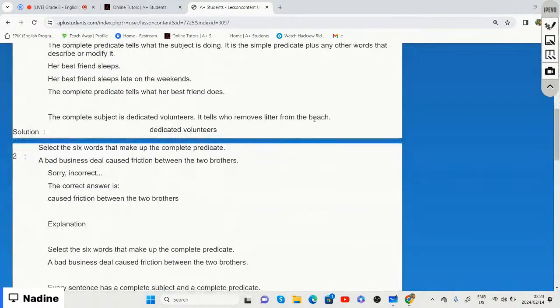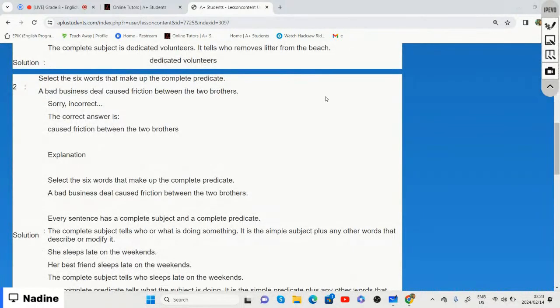If we look at another activity sentence question, it says we need to select six words that make up a complete predicate. A bad business deal caused friction between the two brothers. So, a bad business deal caused friction between the two brothers.